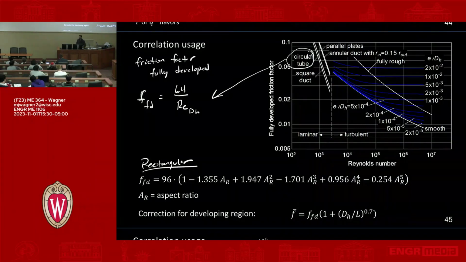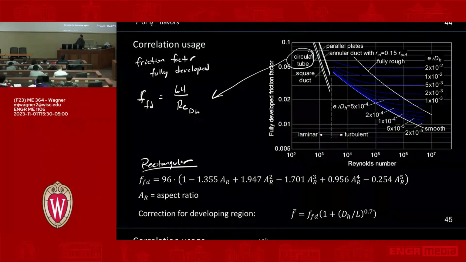And so the rectangular formula is this. It's a little bit more complicated, but basically it's just to accommodate different aspect ratios. The aspect ratio is the length of one side of the duct over the length of the other side of the duct. So you just compute that, plug it in.